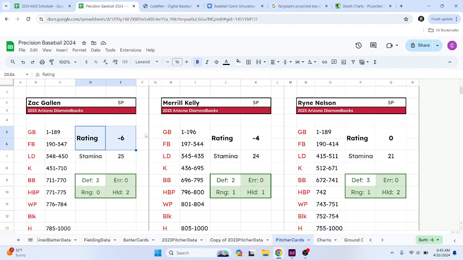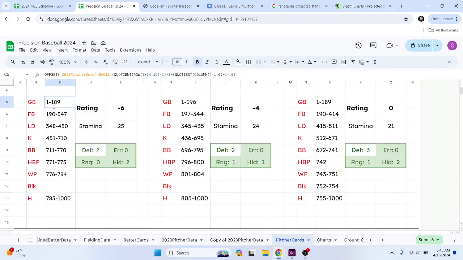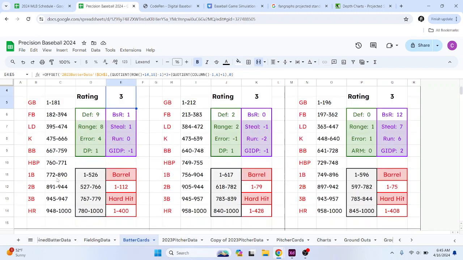And the reason that becomes important is we're reflecting off of these different numbers here. So you can see that his strikeout rate is whatever, 26%. And if we go to this guy's strikeout rate, it is less than 20%.